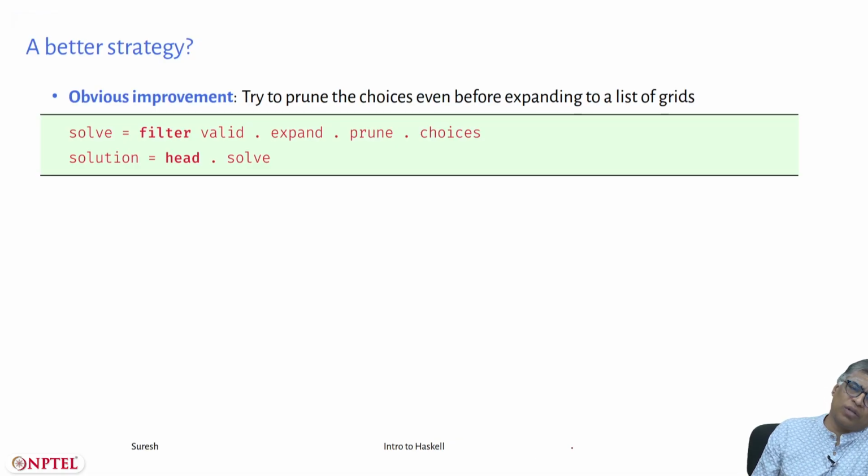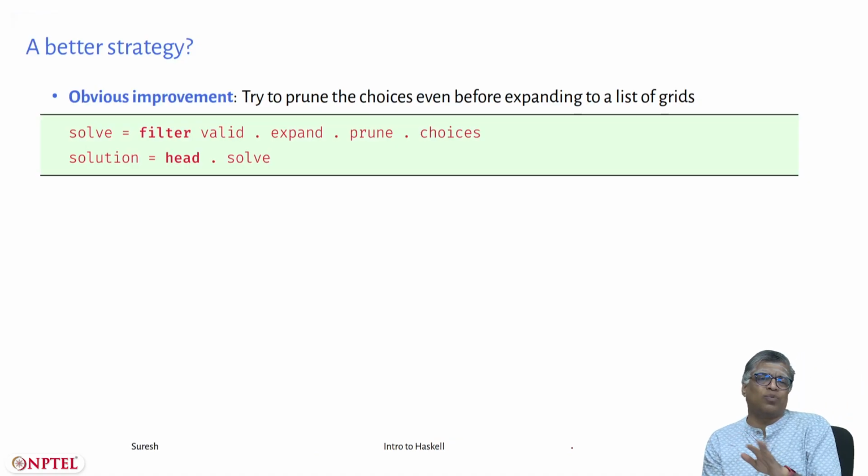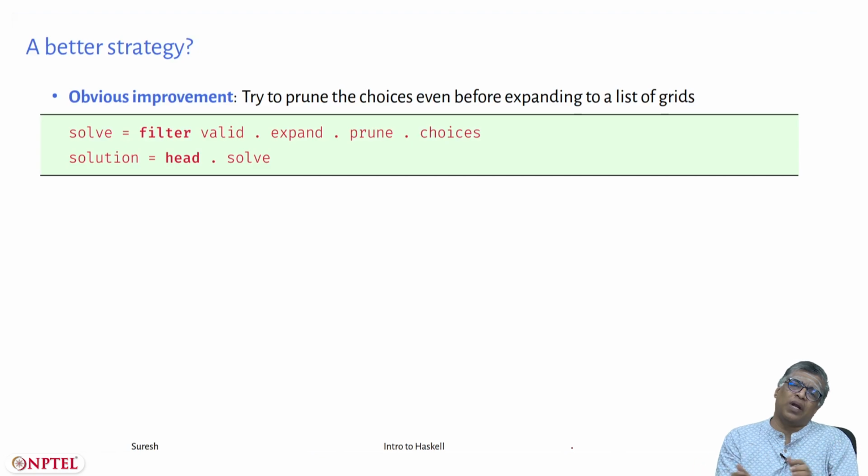If this cell is blank, we automatically scan the other cells in that row, in that 3 by 3 box, in that column, and whatever number occurs in any of these places cannot be a possible choice for this cell, right? This is the pruning that we do. That kind of pruning is what we want to do now. So rather than just expand choices blindly, I'll fill in the choices, prune them first and then expand them.